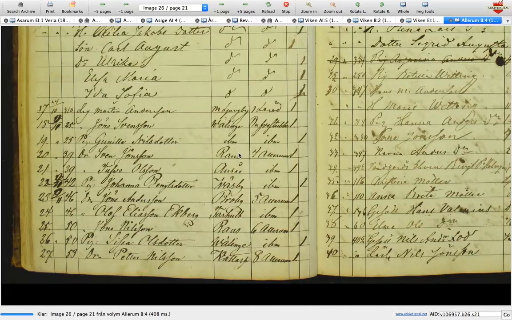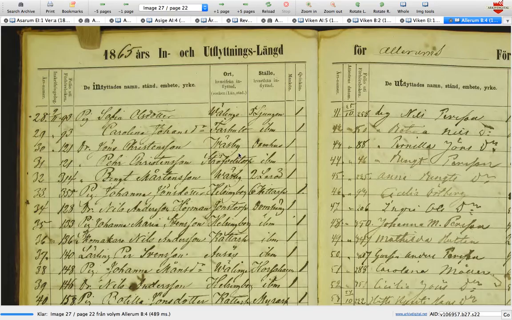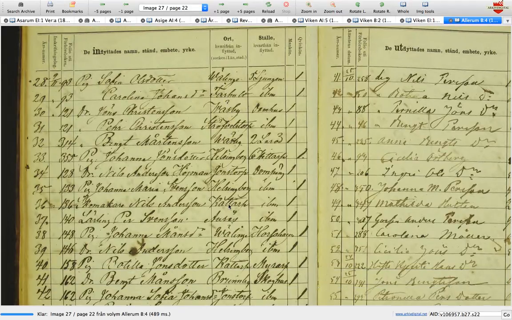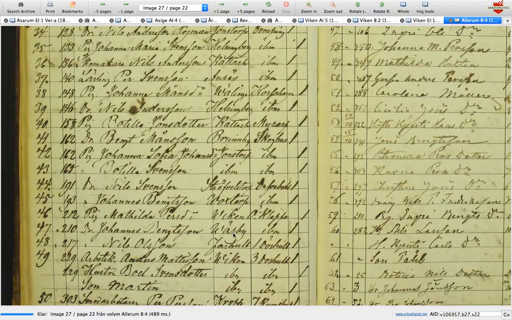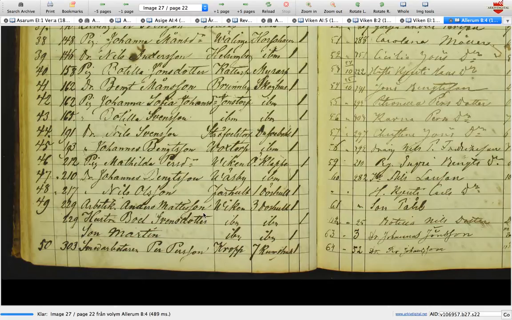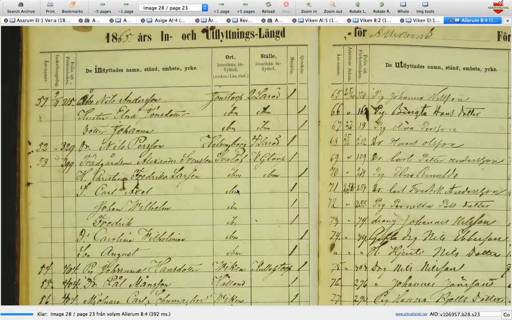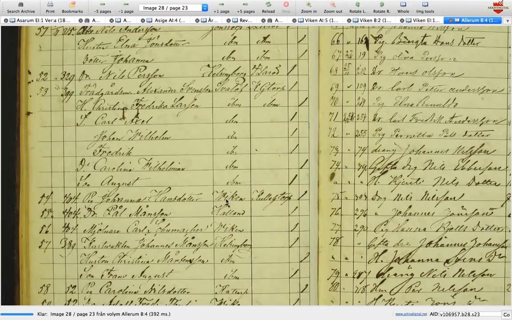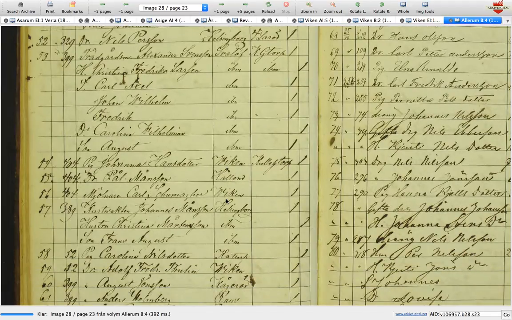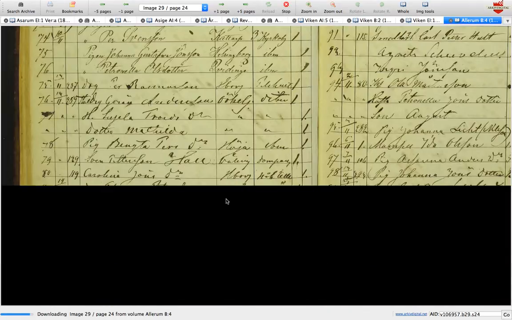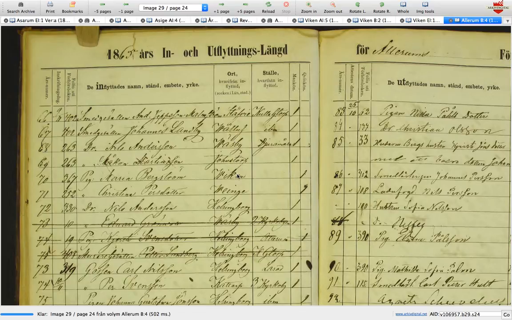Then we know they are coming from Viken, I think. See, everyone is moving the same date. Here we have Viken. Viken.